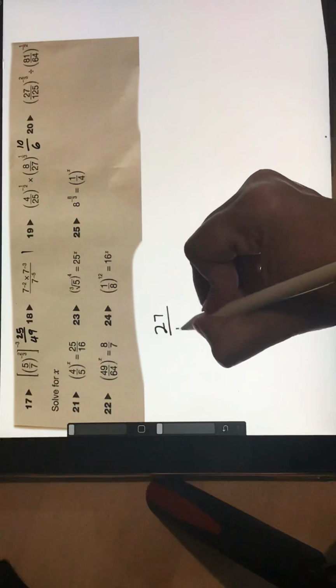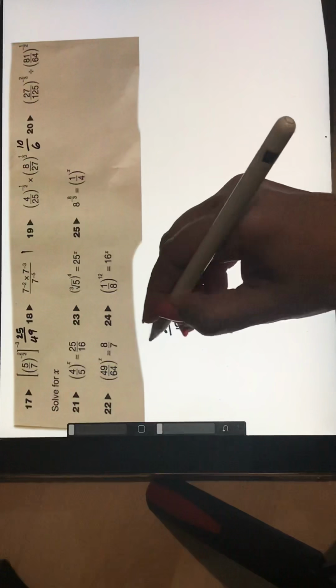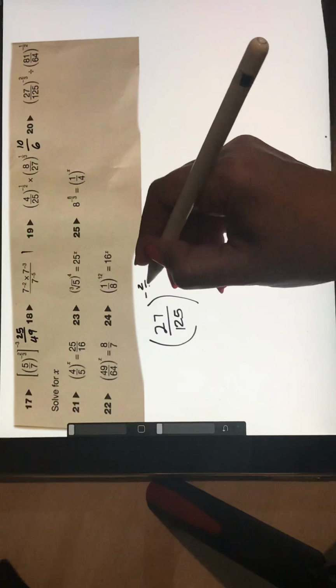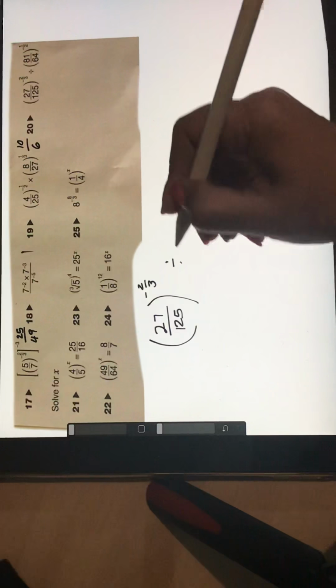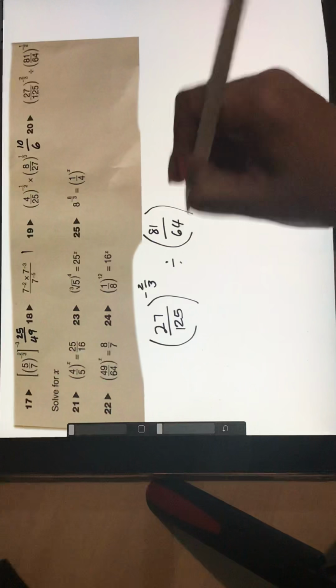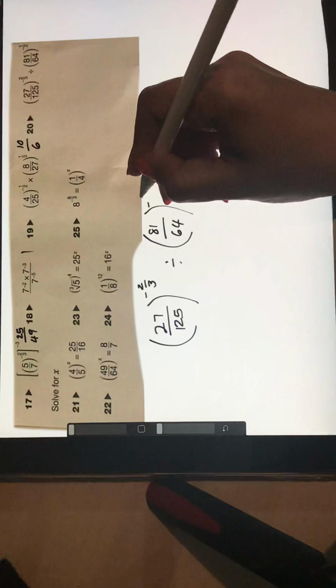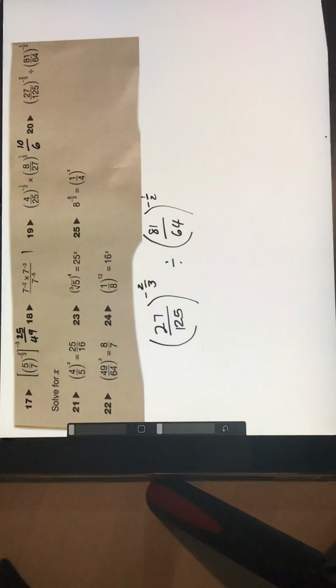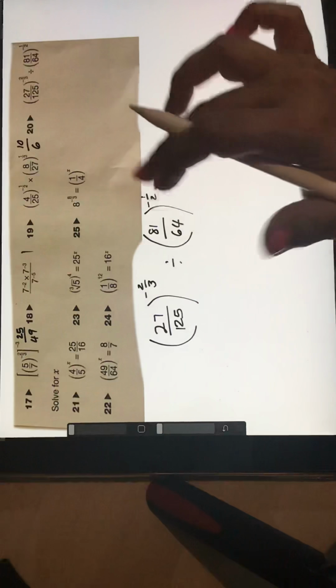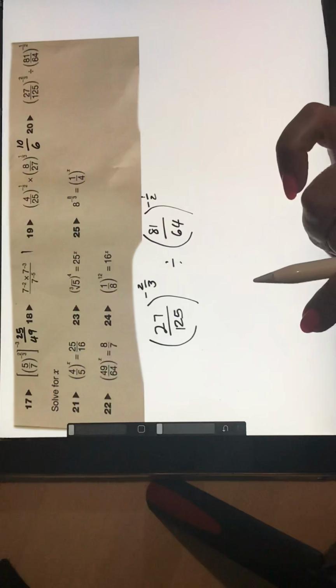27 over 125 to the power of negative 2 over 3, divided by 81 over 64 to the power of negative a half. So my first step is to make all the negative indices positive ones.